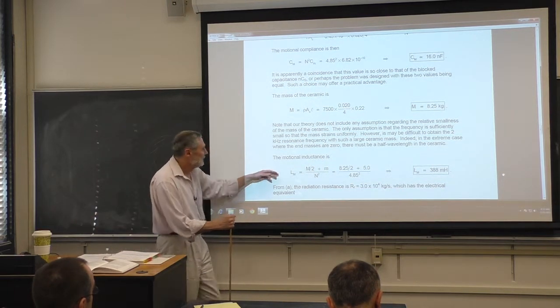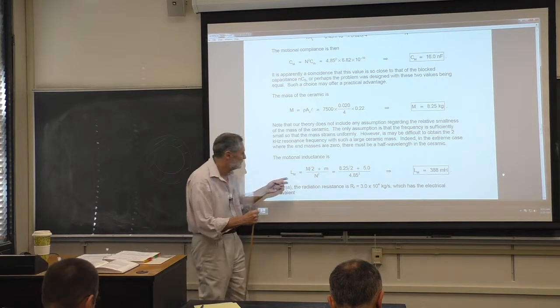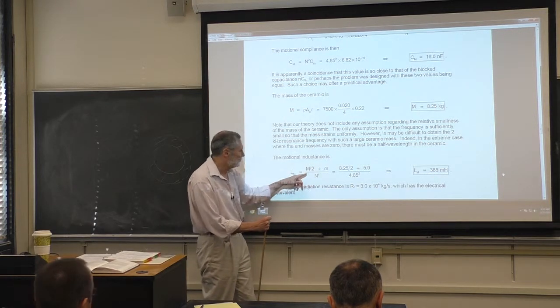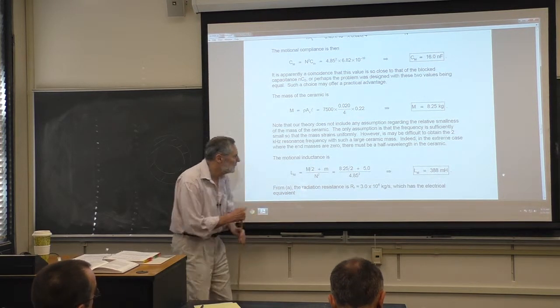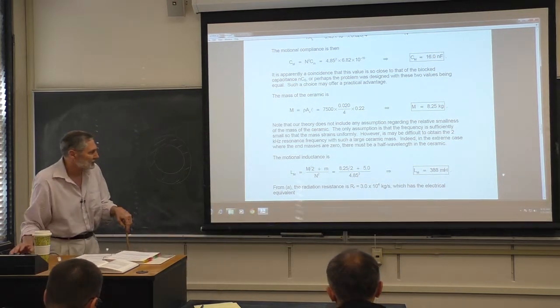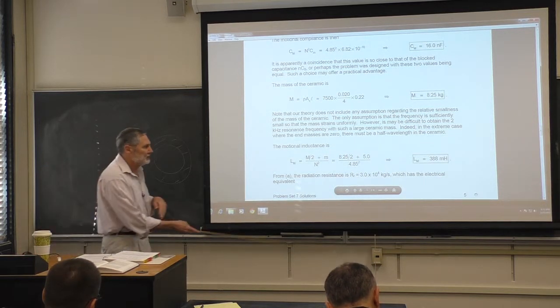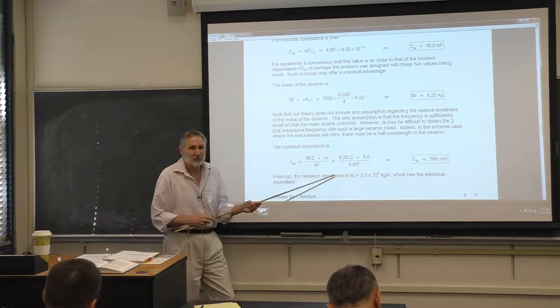continuing here, the motional inductance involves the loading masses and 1/2 the mass of the ceramic. So we can calculate that. We get roughly 400 millihenries. Remember the radiation resistance, if you look way back, this is a rough approximation.